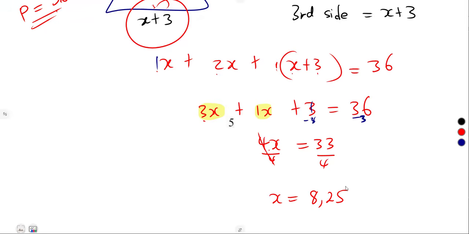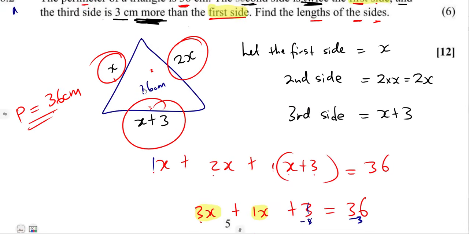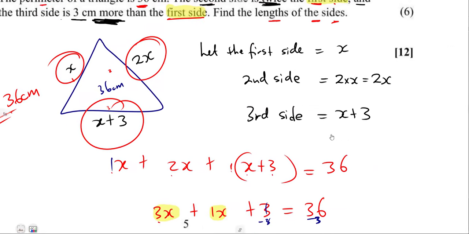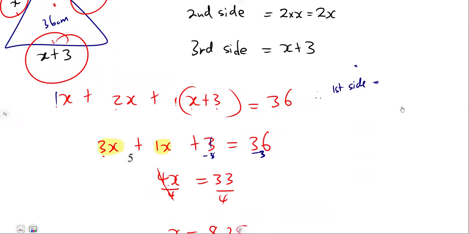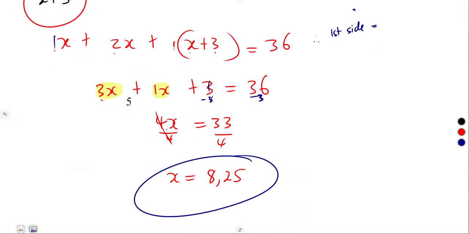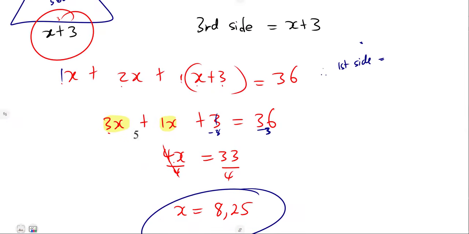So if x represents the first side, therefore the first side is going to be x. So if the first side is x, this is what we have here, 8,25, representing x. So the first side is 8,25 centimeters.